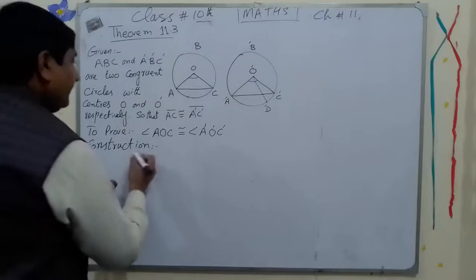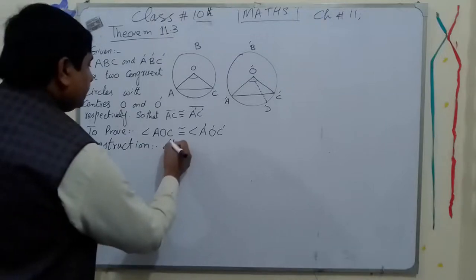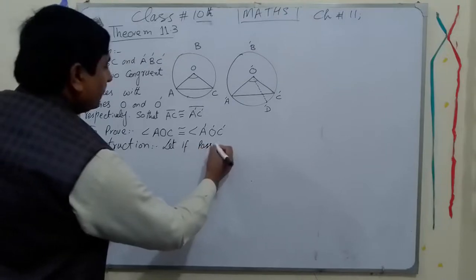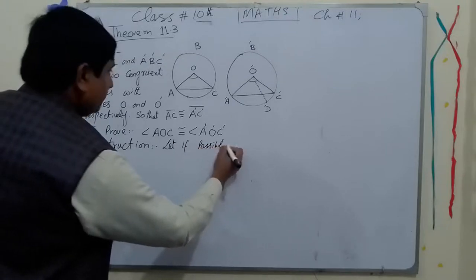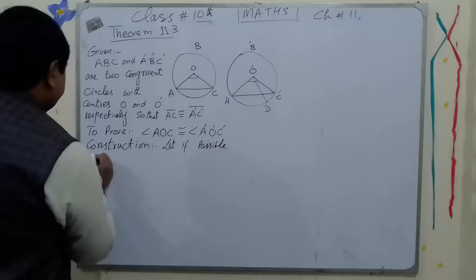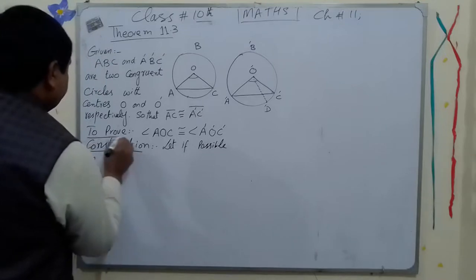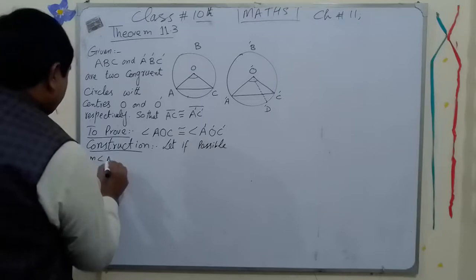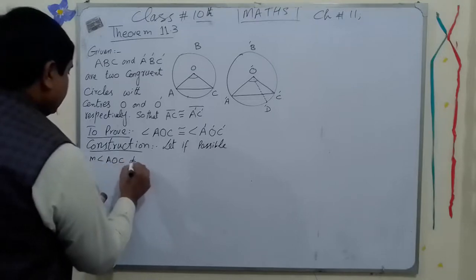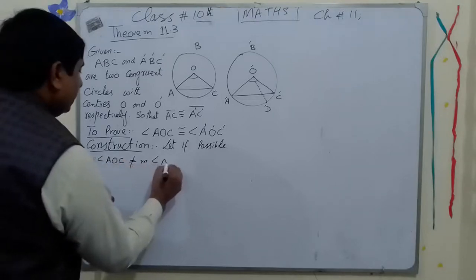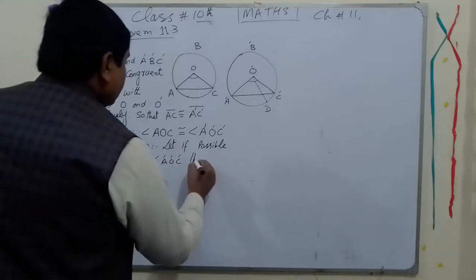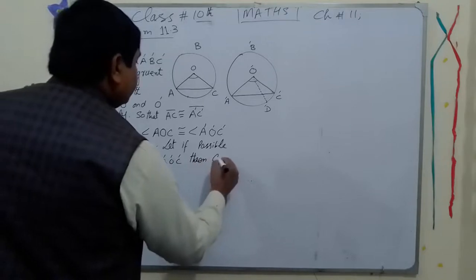Let's suppose that, if possible, the measure of angle AOC is not equal to the measure of angle A prime O prime C prime, then we have to consider it.